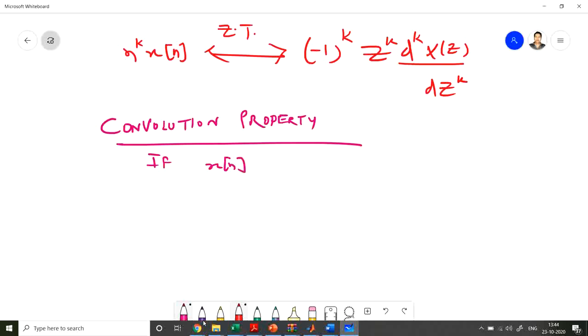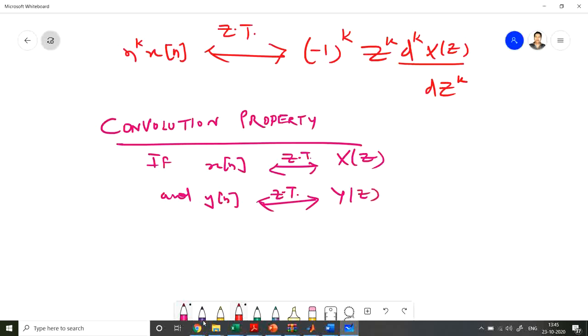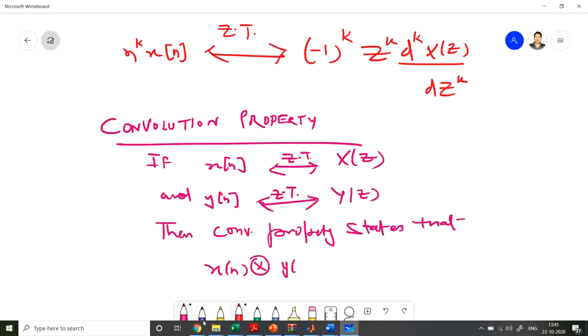If x[n] has z transform X(z) and y[n] has z transform Y(z), then the convolution property states that x[n] convolved with y[n] has z transform X(z) multiplied by Y(z).